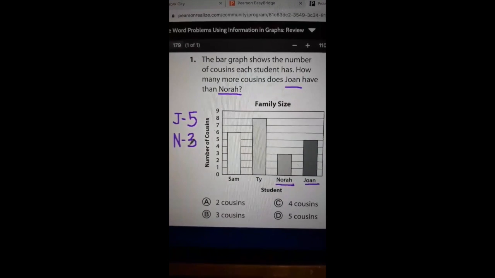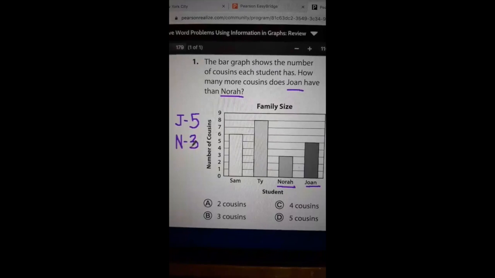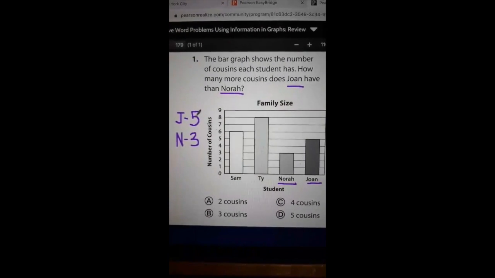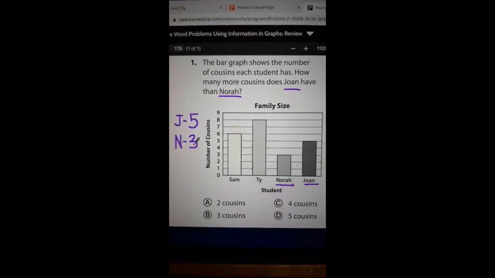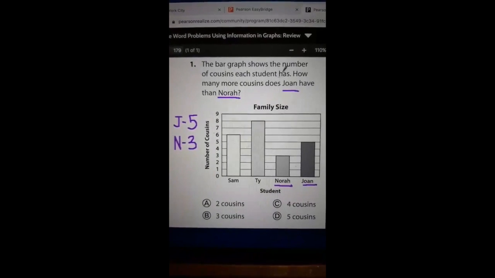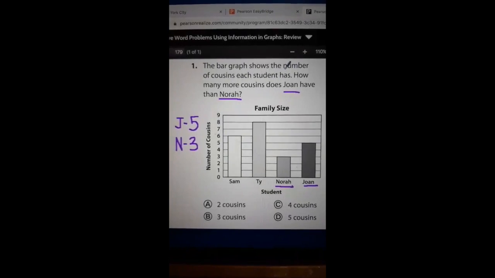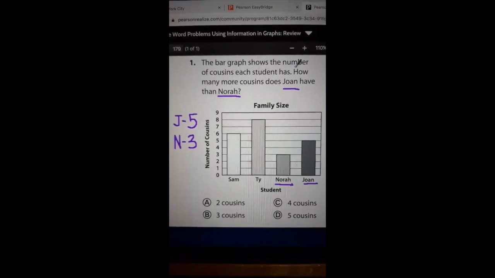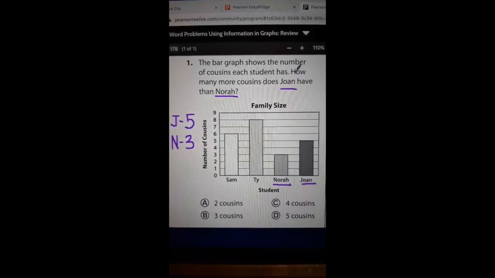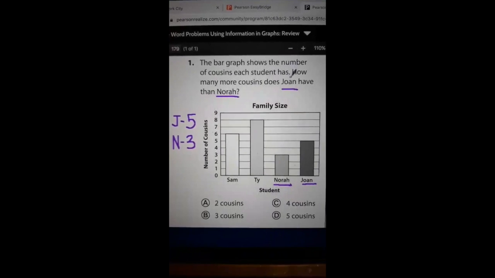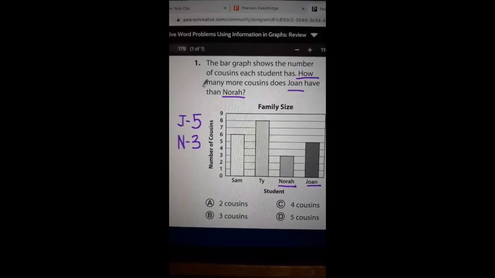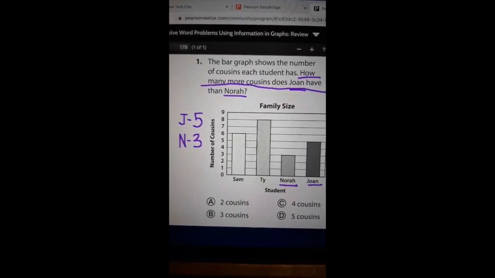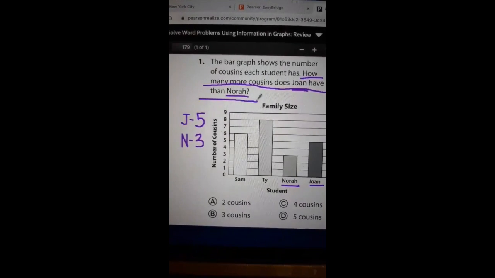Now, I have the 2 pieces of data that I need to solve the problem. I have the 5 cousins for Joanne and the 3 cousins for Nora. Now, what do I do with those numbers? What do you think I have to do? Okay, so we're going to go back to the problem. Here it says, how many more cousins does Joanne have than Nora?